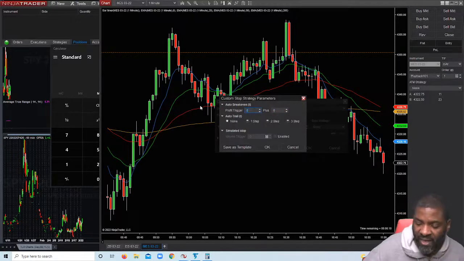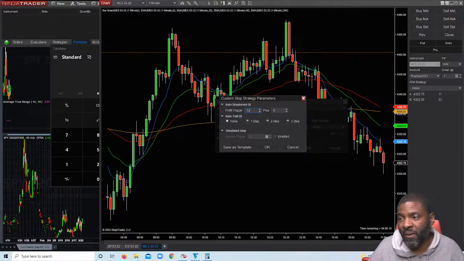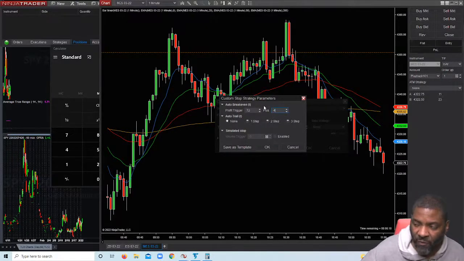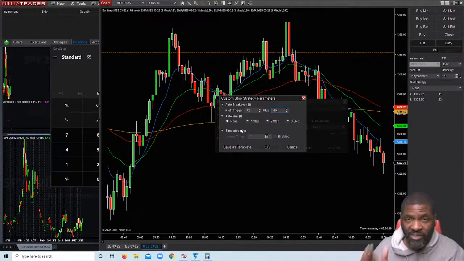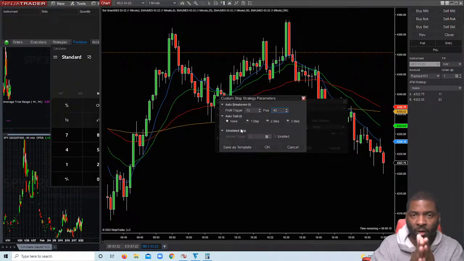So mine was 72. Once I go 72 ticks into profit, move my stop plus 40 ticks from the point I got in. So 0 is the point you got in. If you leave it at 0, it's gonna move you to break even. If you want to save profit, you put the amount of ticks that you want to save.